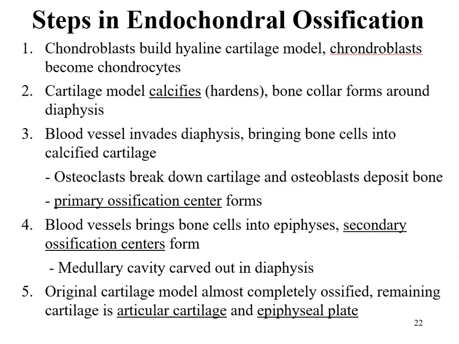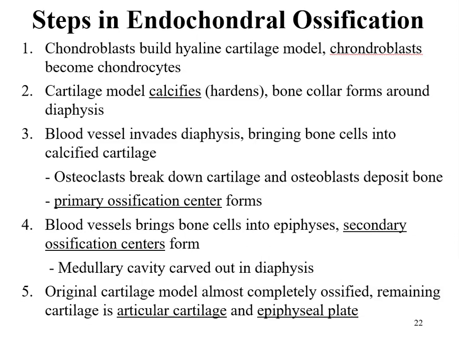This is possible as osteoclasts break down that calcified cartilage. This gives you the primary ossification center, and this process will continue in 2 directions towards the proximal and distal epiphysis.